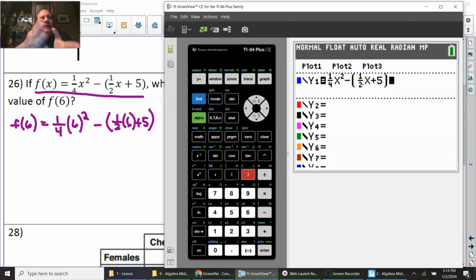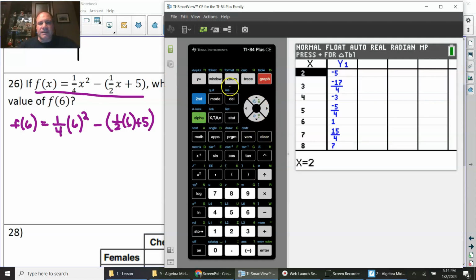But just take a look. I have, for 26, I have this right on the screen. F of x equals 1/4 x squared minus 1/2 x plus 5 in parentheses. I did the same thing as y1. Now, I don't care what the graph looks like. All I'm looking for now, press second function graph, I'm looking for this x right here.